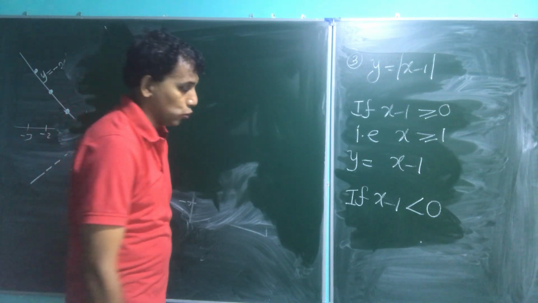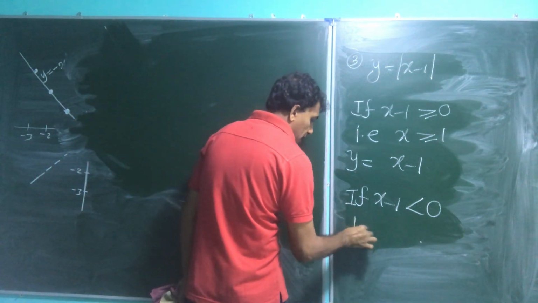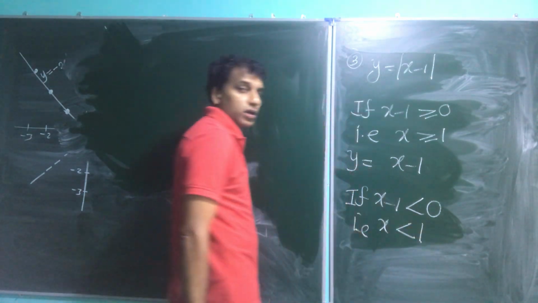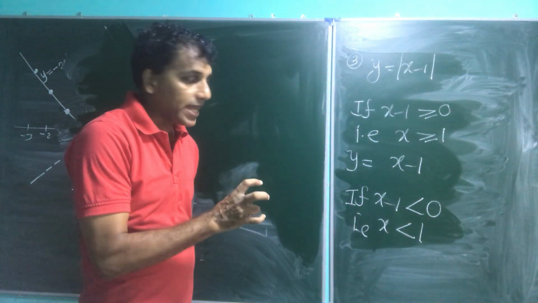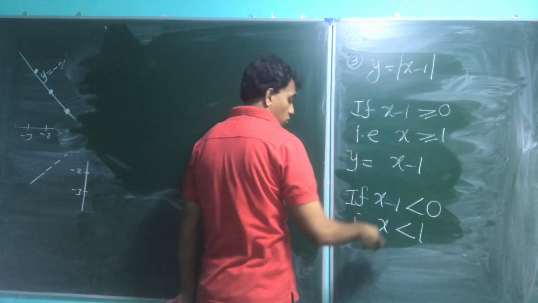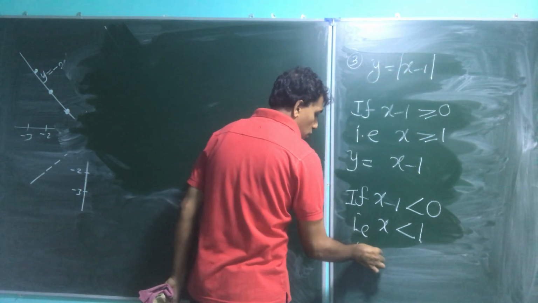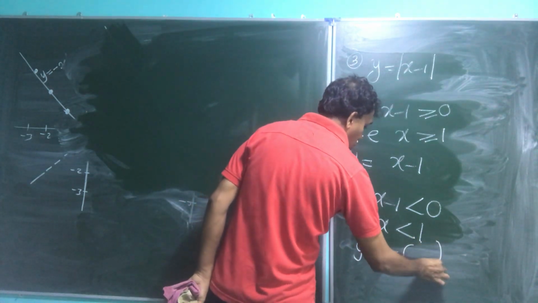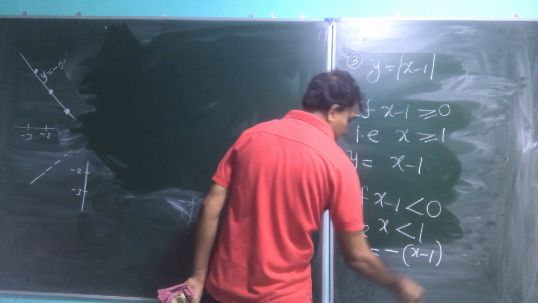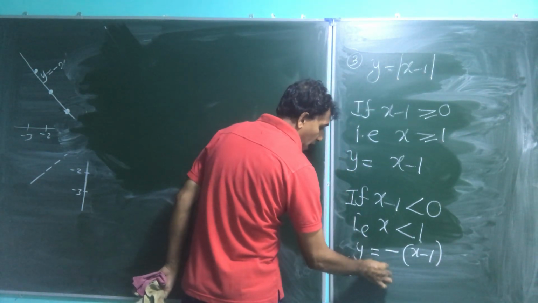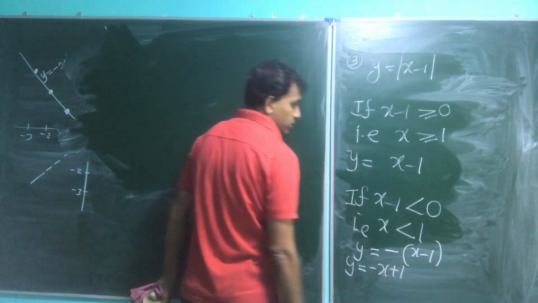As negative. Or otherwise x less than 1. That means under x less than 1, the definition says you put an extra minus and write what is inside the modulus. Therefore, the equation becomes how? Y equals minus x plus 1.